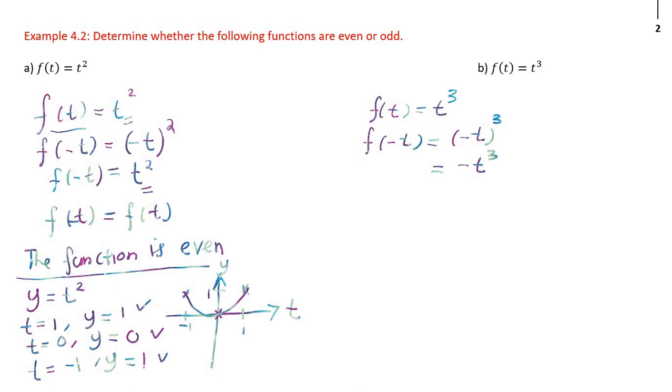If you observe here, t cubed equals f(t), so this part equals f(t). Now f(negative t) equals negative f(t), meaning that the function is odd.